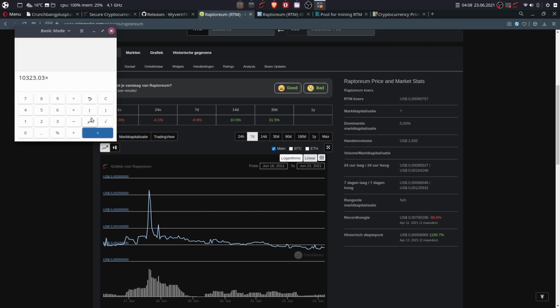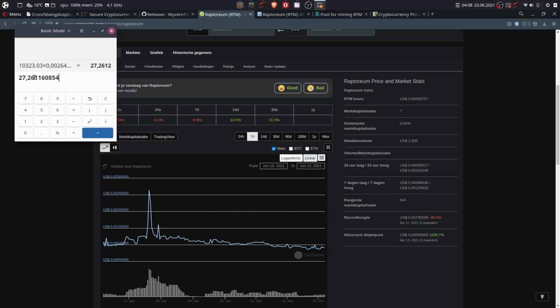Multiply it by 0.00264, so that would be worth over $27.